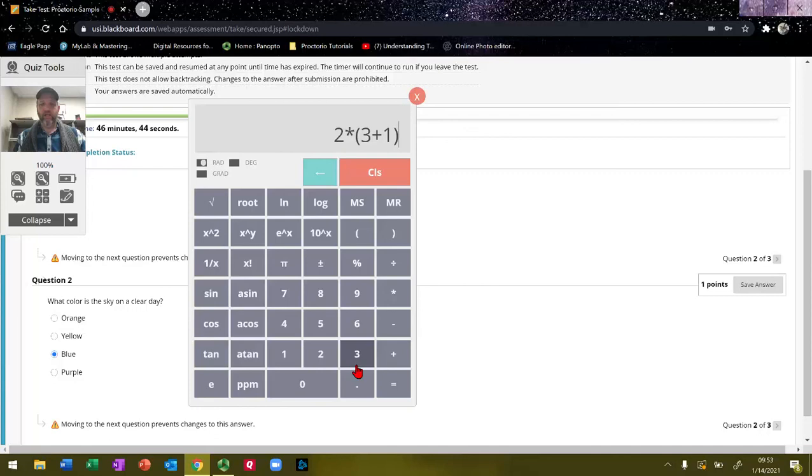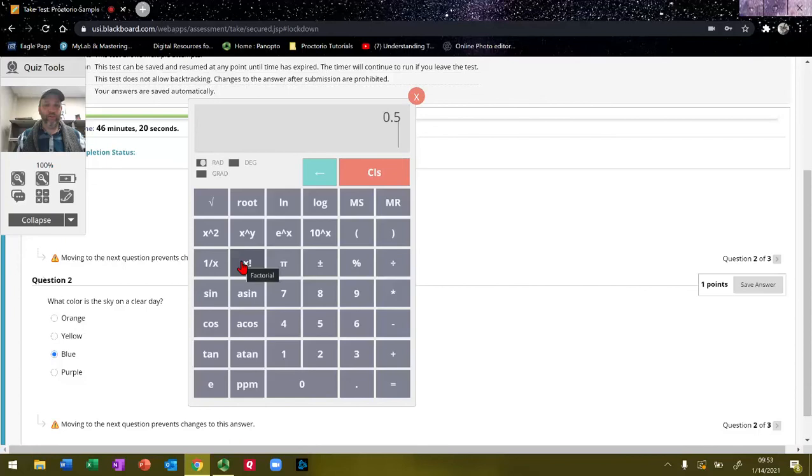So this should be essentially 2 times 4, and hopefully it will give us 8, and it sure does. This is the inverse. So again, let's take the inverse of 2, which should be 0.5, and that's what we get.